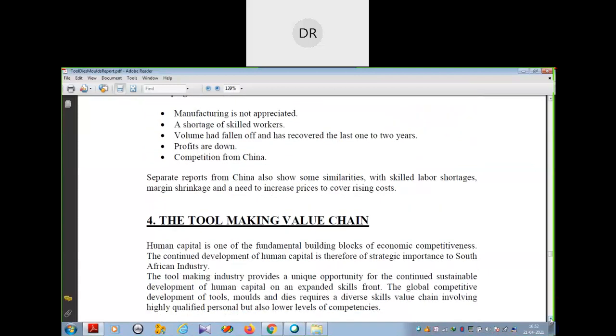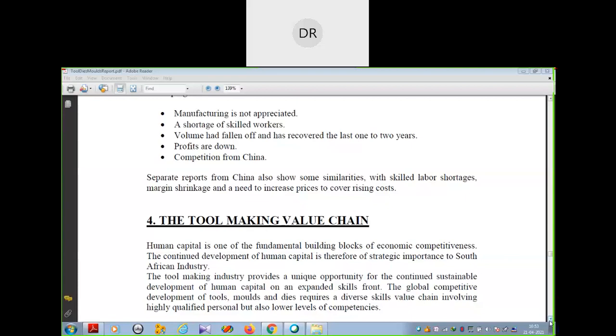So as we all know, human capital is one of the fundamental building blocks of our economic competition. The development of human capital is very important, strategically important to South African industry. Okay. So this tool making industry helps to provide a unique opportunity for the continued sustainable development of human capital on an expanded skill force.